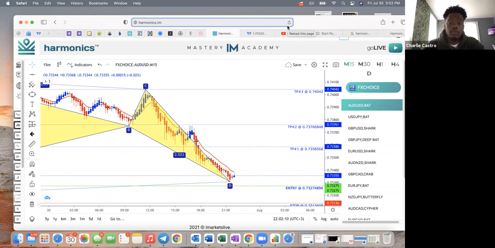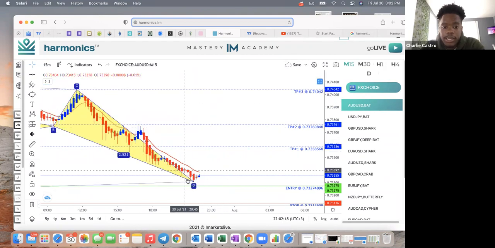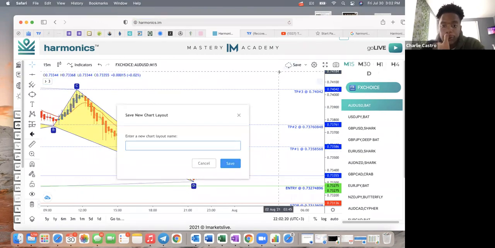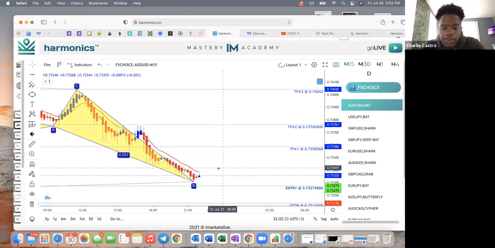Now, what you want to do is bookmark it so you can save it. Also, with the indicators you have here, make sure you save it and put in a name that you remember. So I'll put like layout 1, and you just press save.